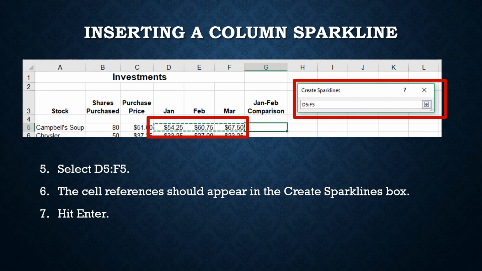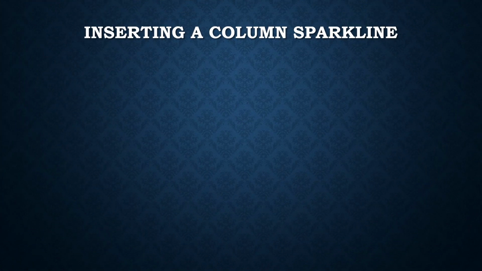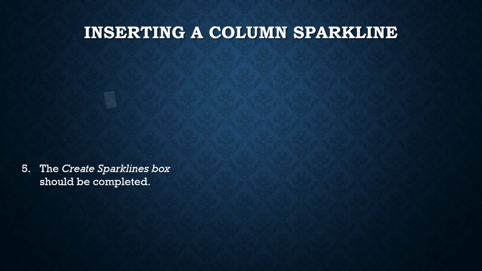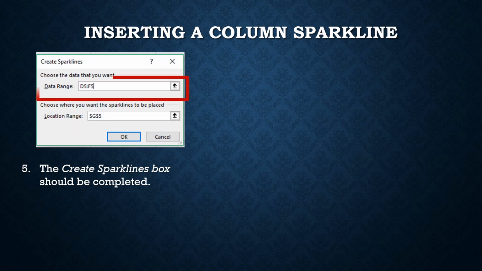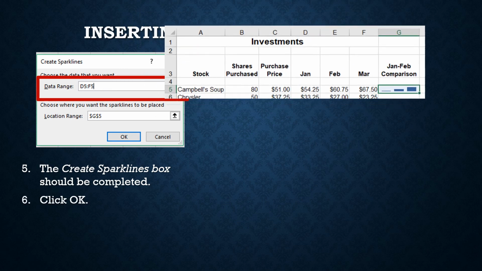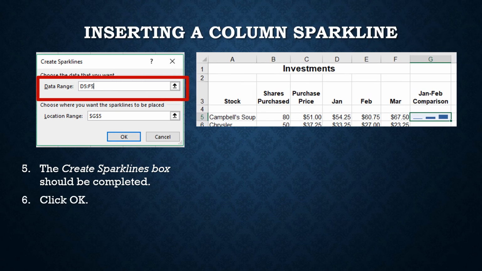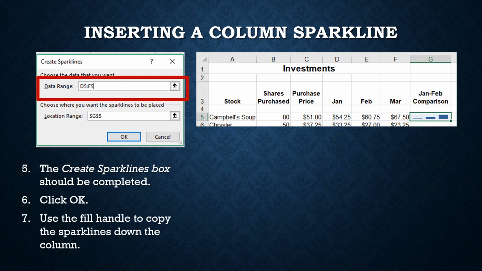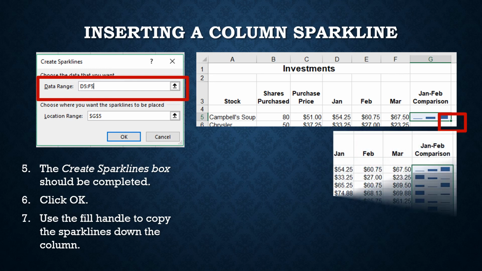Hit Enter. The Create Sparklines box should be complete. Then click on OK. If you look at the example to the right, we have our spark lines in G5. Then we can use the fill handle to copy the spark lines down the column.